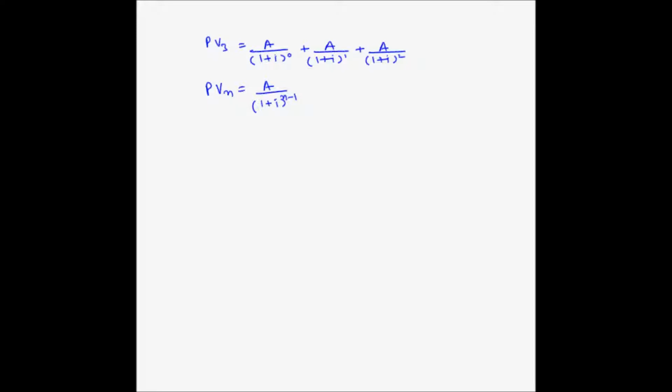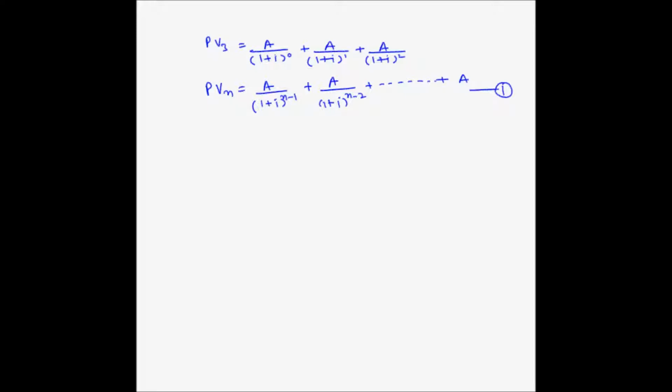So this is n minus 1, plus A divided by 1 plus i to the power n minus 2. This will continue depending on the value of n, and at the end we'll get A divided by 1 plus i to the power n minus n, which is 0, and anything to the power 0 is 1. So here we'll put this as A. Let's say this is our equation number 1.